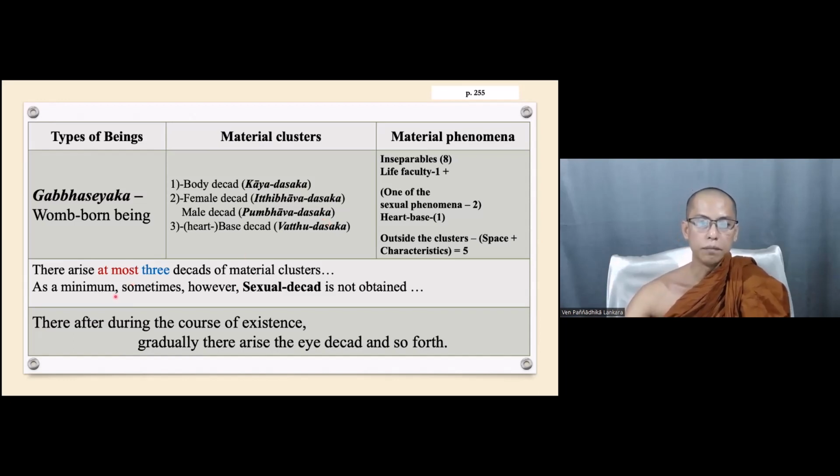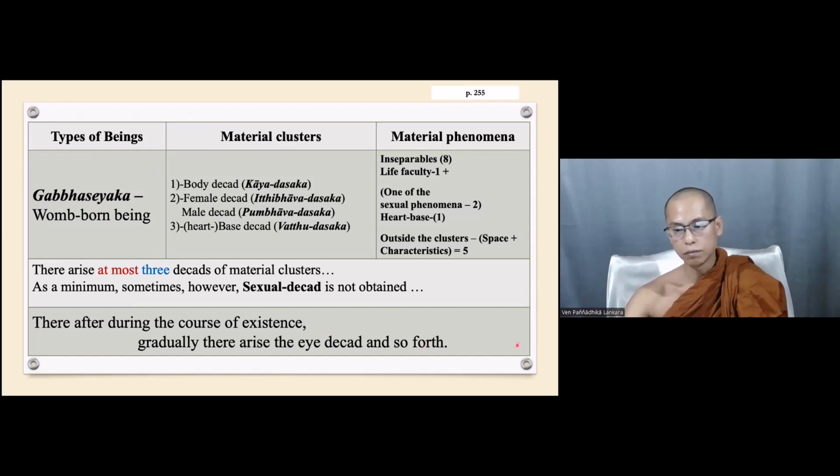As a minimum, sometimes however the sexual decade is not obtained. So sometimes 20 without the sexual decade, so body decade and heart-base decade. In combination with the rebirth consciousness, they arise at that moment. We start from that in the mother's womb.